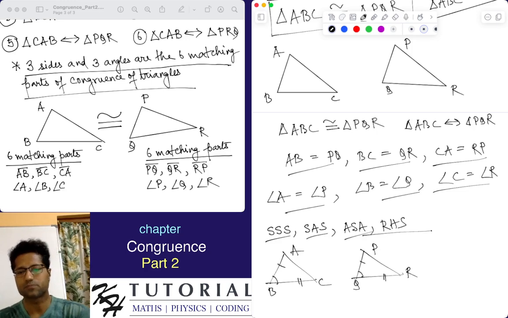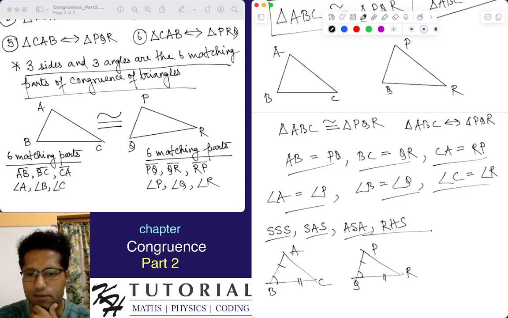ASA is angle side angle, that is one side and its adjacent angles. You know what it means if you have a triangle ABC.